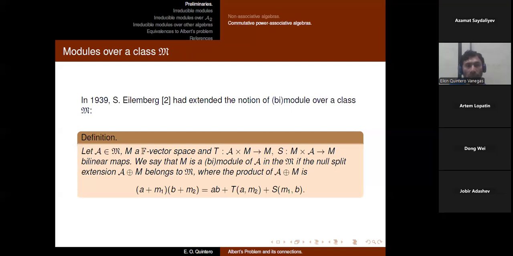Models over a general class were introduced by Eilenberg.